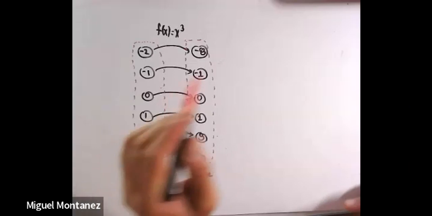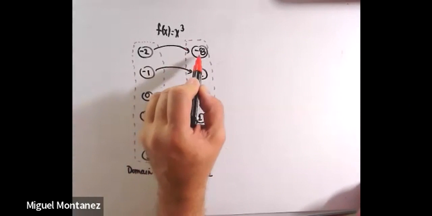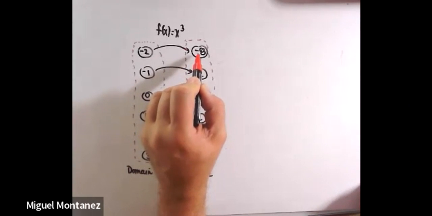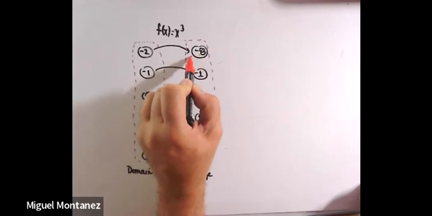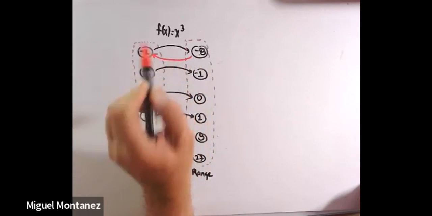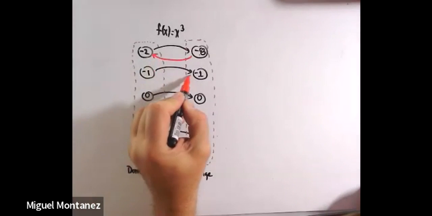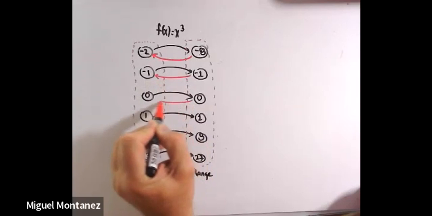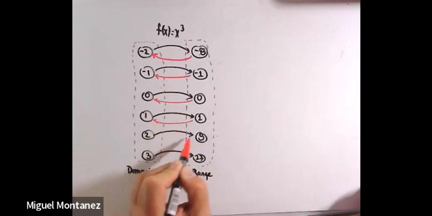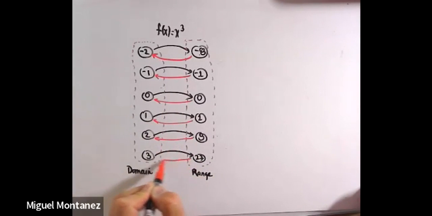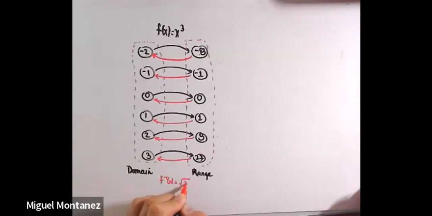It says the relation from an element y in the range of f of x back to an element x in the domain of f of x is called the inverse function. So it's like, okay, we're going backwards. And in this case, of course, f inverse of x will be the cube root of x.